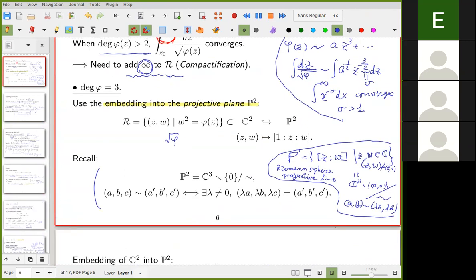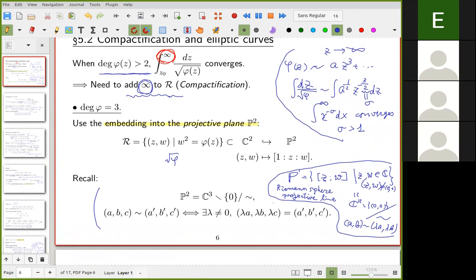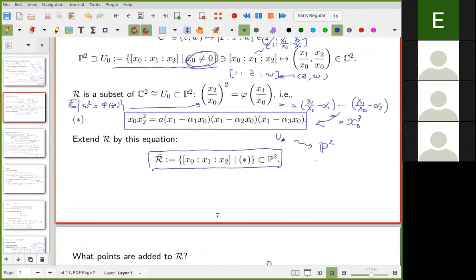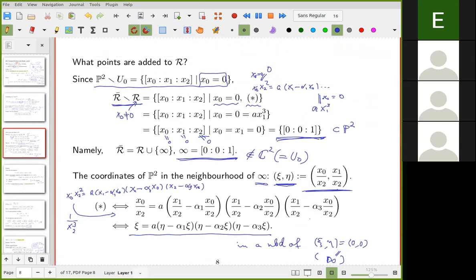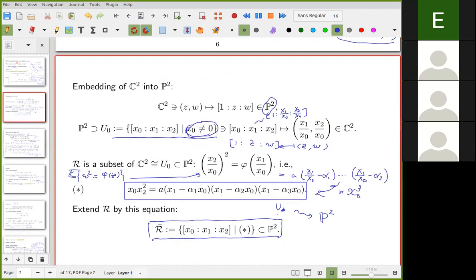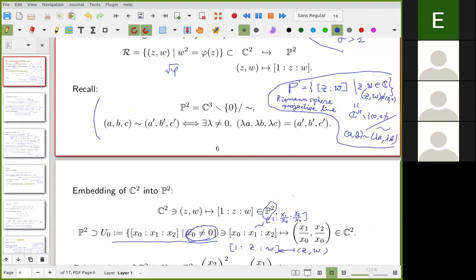Well, this is the very standard compactification in algebraic geometry. And what we want to use is actually this compactification, which gives us a non-singular algebraic curve.